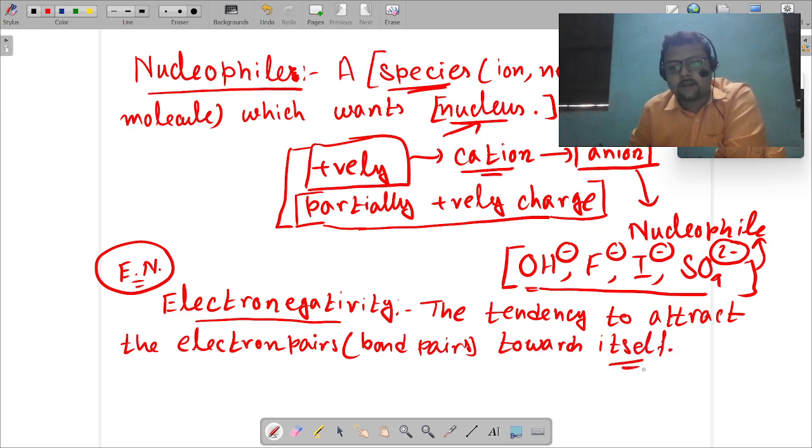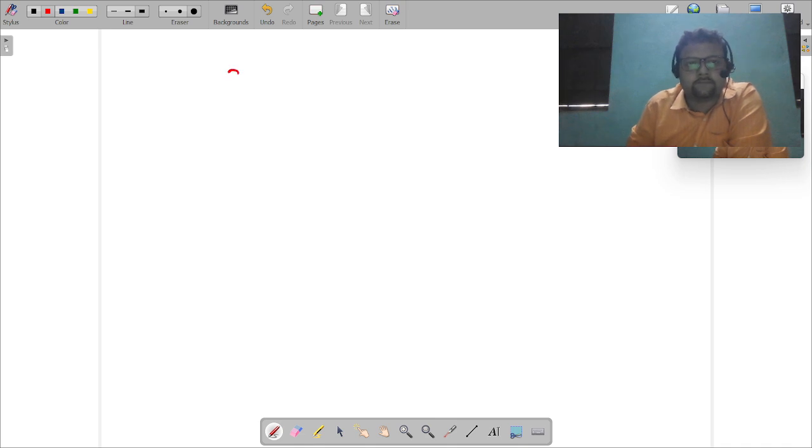How can that happen, or what are the examples of that? Let's take the example of oxygen. We all know oxygen and fluorine, we are familiar with these two atoms. Let's say we have a compound where oxygen is bonded with carbon.